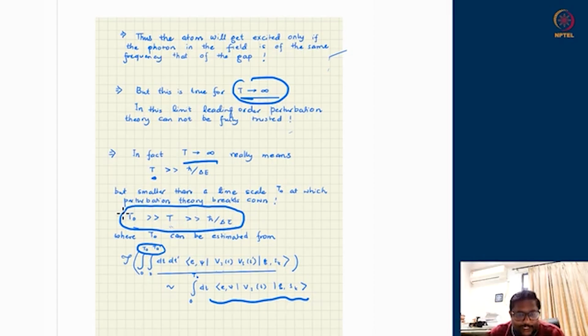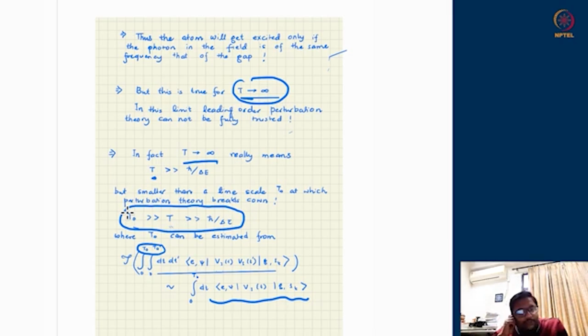It is not exactly correct, but trustworthy enough. So whatever we have obtained, that the vacuum will not be able to excite the atom, will definitely not be able to excite the atom, at least for a long time period, capital T, which is larger than its internal time but shorter than the perturbation theory's limit.